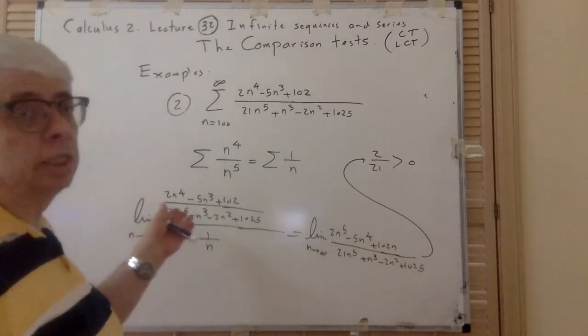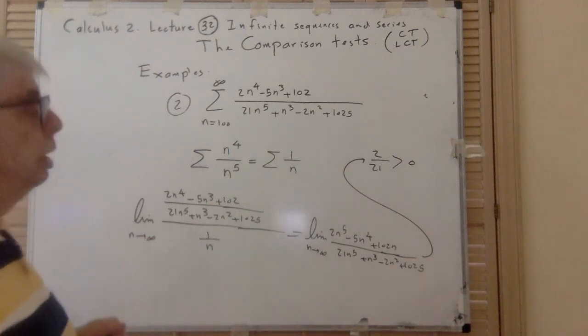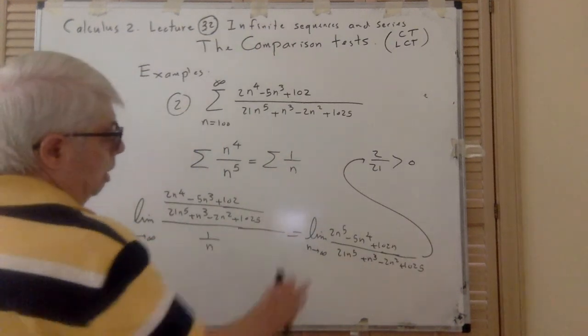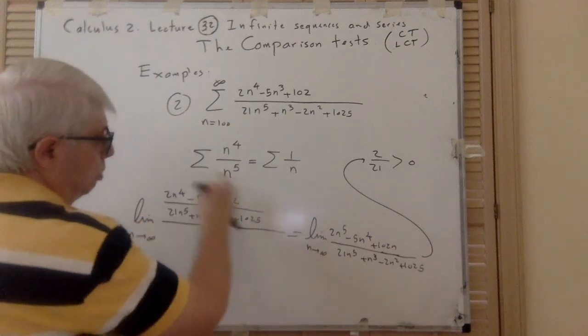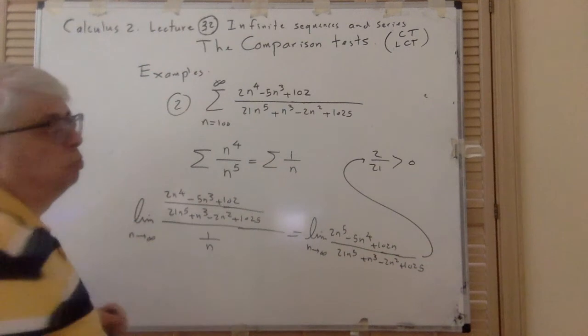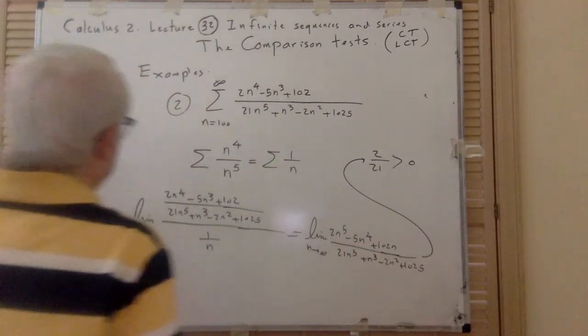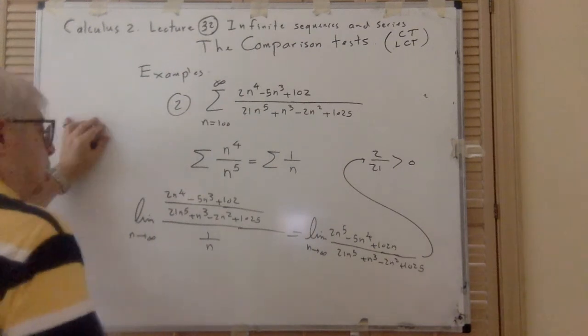Even if I had negative, that would be true. But since I want positive, that's why I'm dividing by this. There are situations that you just take it to be minus 1/n, which is also divergent. But anyway, so let's look at this first.